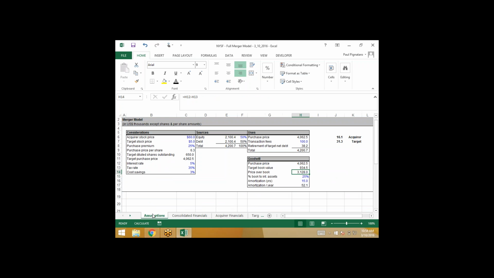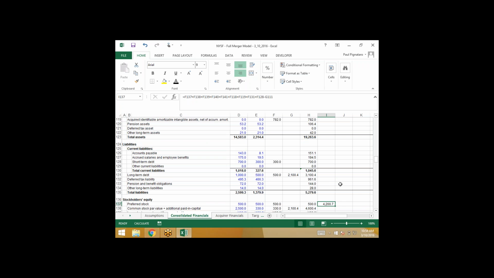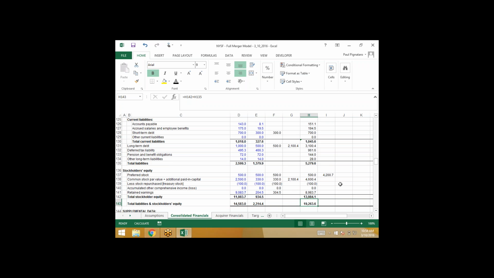Let's make sure. 400.7. Good. That's funded by the sum of these two that we're raising to pay for that, 400.7. We're bringing this into the balance sheet and we're eliminating everything else. That's the way you should be thinking about debits and credits.